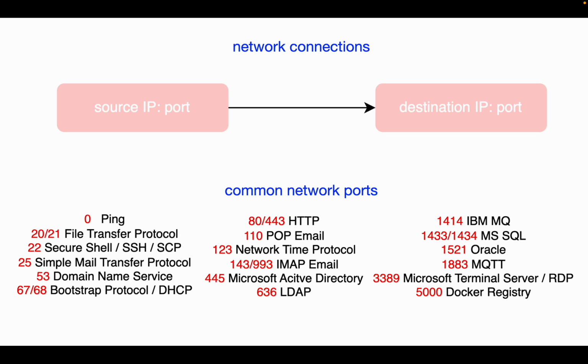We've got Oracle databases on 1521, but we're probably going to look at other types of databases such as Postgres or MySQL. They're on different ports, but we'll get to them. Most of the stuff we're going to use is port 22 for SSH and secure copy, and port 80 and 443 for HTTP.